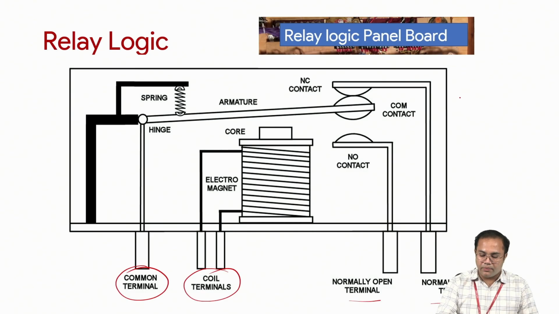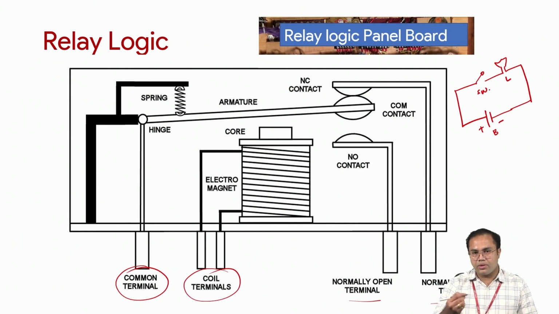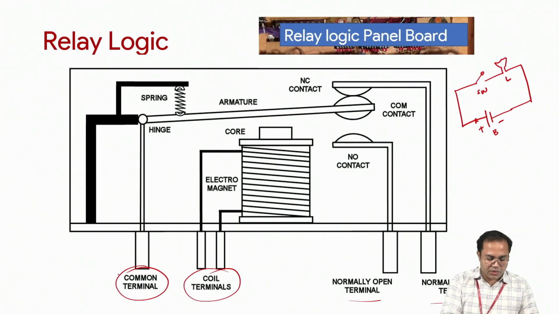If you want to connect a bulb to a battery, this is how the design will look. Here is a battery, here is a switch, and here is my lamp. If I close this switch, then the bulb gets energized. Clear?